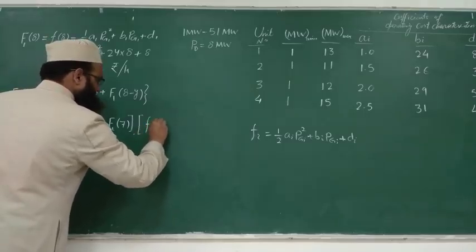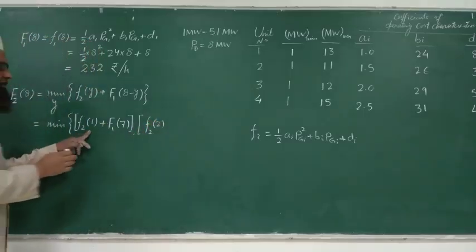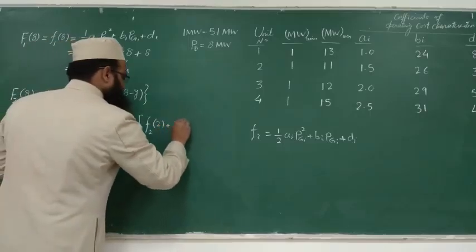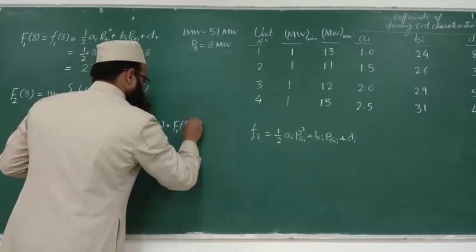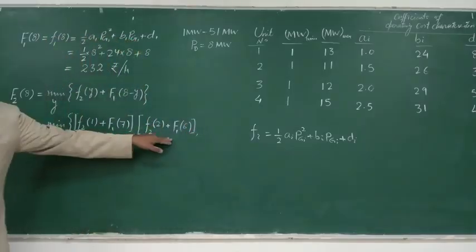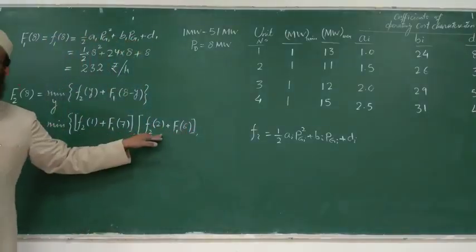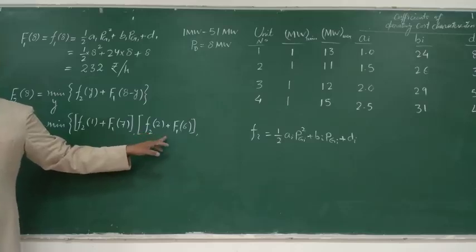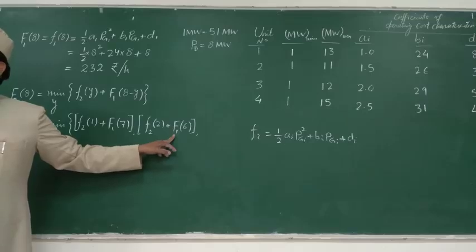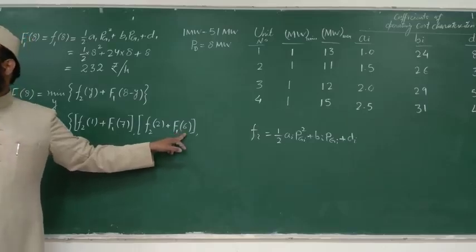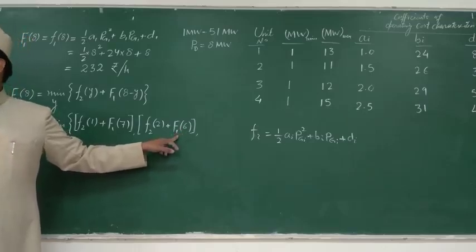The second combination is generating 2 megawatt from the second unit, and the remaining, this will be 6. This is also one combination, generating 8 megawatt by 2 units, in which this is the minimum cost of generating 6 megawatt by 1 unit, the first unit.